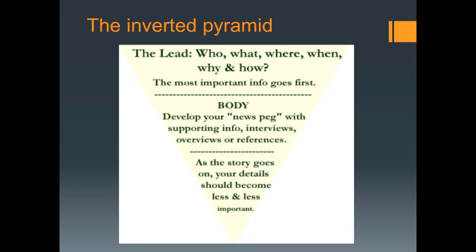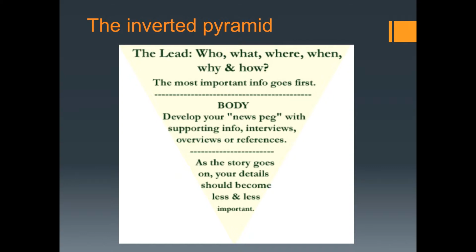And that's where you want to ask yourself the central question, what is the news here? What is the most important information that readers need to know? How can I summarize that information into a sentence that captures as much of the who, what, where, when, why, and how as possible?